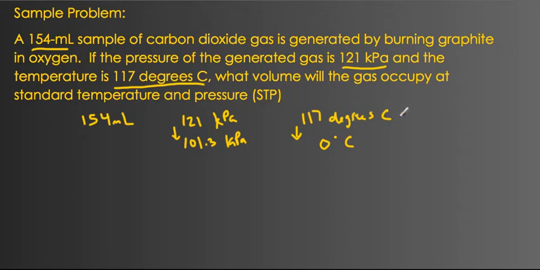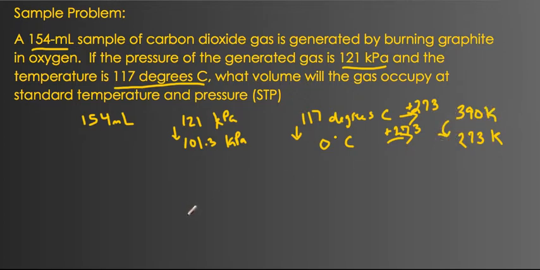The 117 degrees Celsius, to convert to kelvins, I add 273. So this is 390 kelvins. And my 0 degrees Celsius, when I add 273, will be 273 kelvins. Now my units are good. So again, I'm changing my pressure from 121 to 101, and my temperature from 390 to 273.